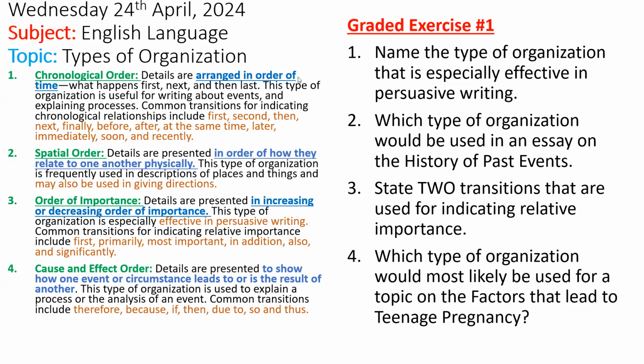All right, let's go ahead and answer the questions. For number one, China, can you read the question? Name the type of organization that is especially effective in persuasive writing.